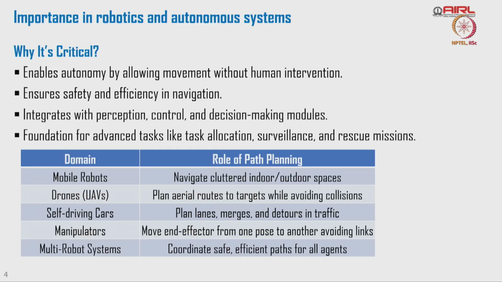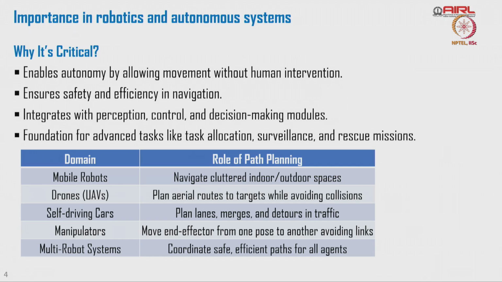Okay. So, why is path planning important? It is critical because it enables autonomy. When there is manual control, the drone operator can send the drone to the desired location, but when it is autonomous flying of a drone, it is important that path planning is inherent in the control mechanism of the drone.